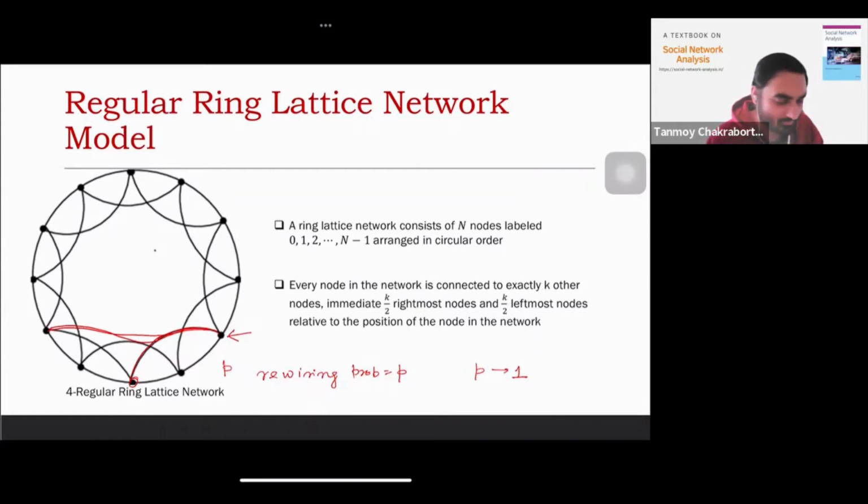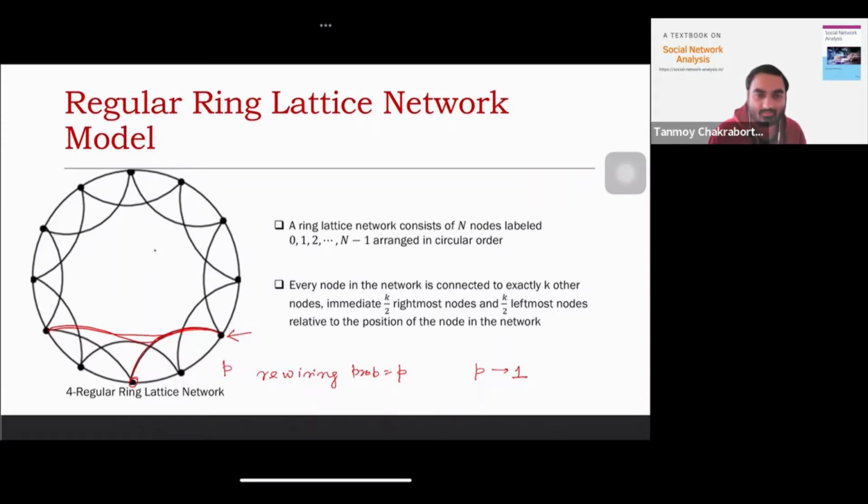The lattice was formed in a very systematic way, but you keep removing the connections which are present in the lattice, and you keep adding connections randomly, rewiring connections randomly. Remember, we are not adding any edge, we are just rewiring edges.